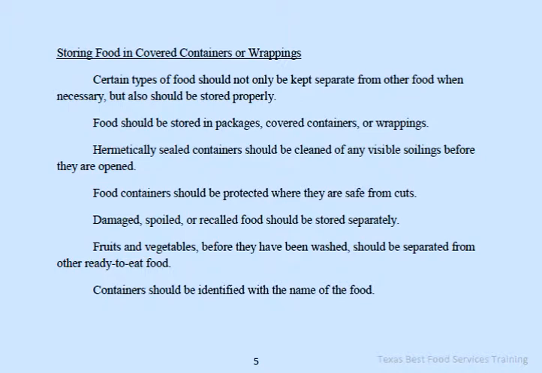Food containers should be protected where they are safe from cuts. Damaged, spoiled, or recalled foods should be stored separately. Fruits and vegetables, before they have been washed, should be separated from other ready-to-eat food. And containers should be identified clearly with the name of the food.